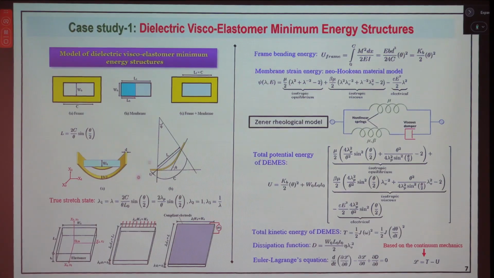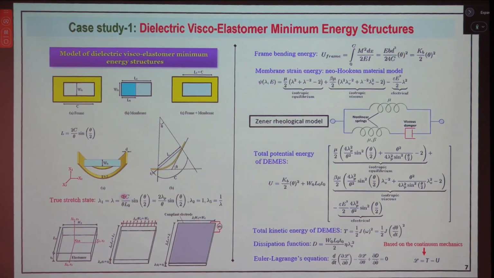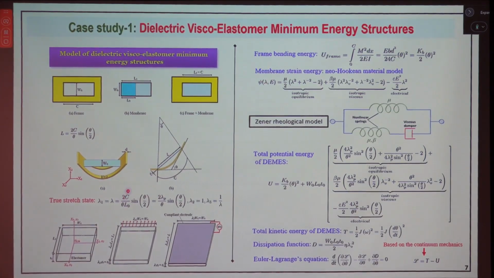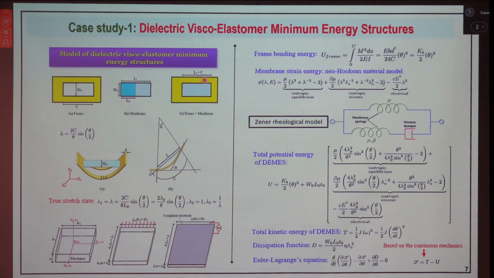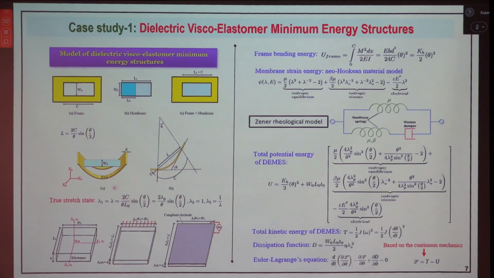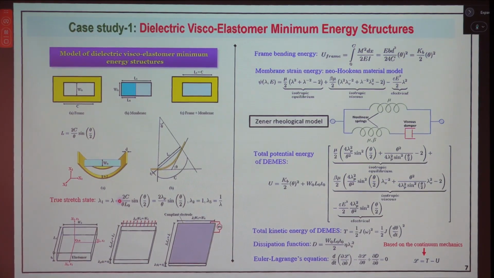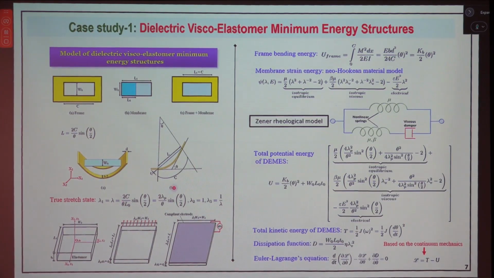Now in direction number 1, we assume it is lambda, the final dimension we obtain upon the initial dimension. That is going to be a function of L, so we have a stretch definition in terms of the angle theta.